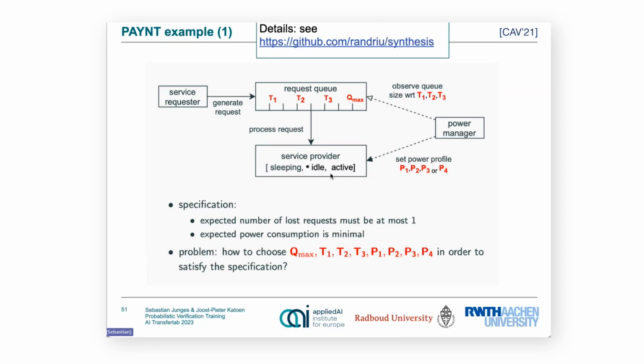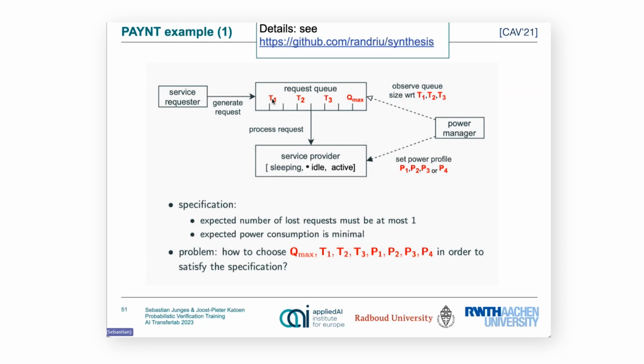The service provider can constantly decide whether it should be sleeping, idle, or active in order to save power, and on the other hand, make sure that we quickly enough handle these requests. The question that we have when we're building such a system is maybe, depending on the queue, what power profile should we pick?